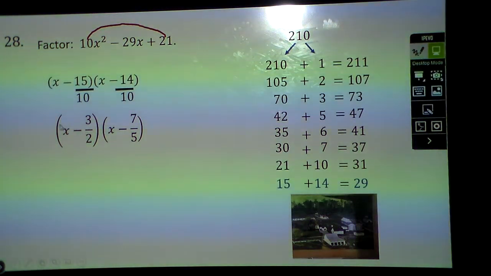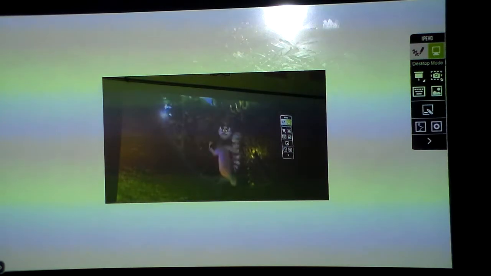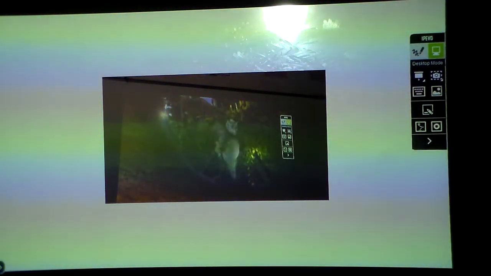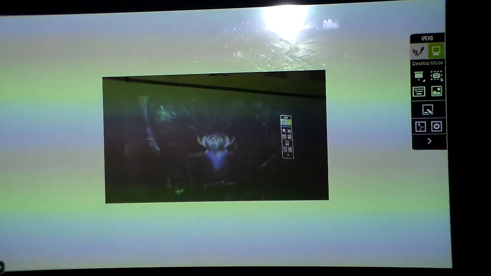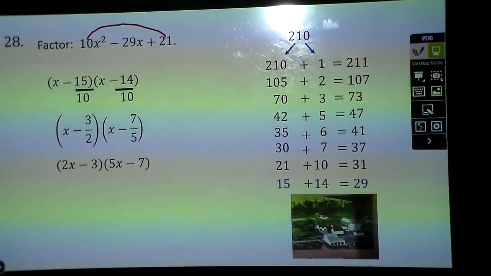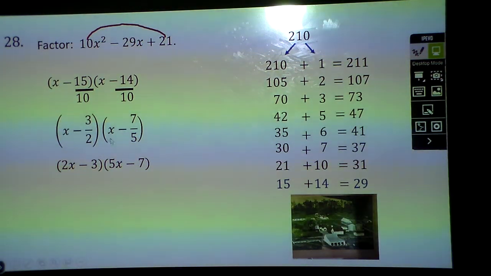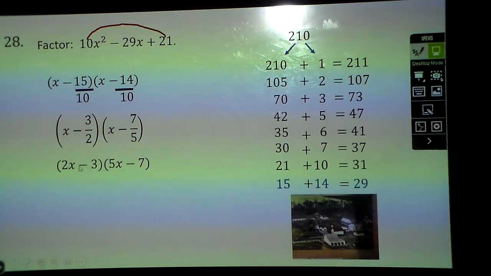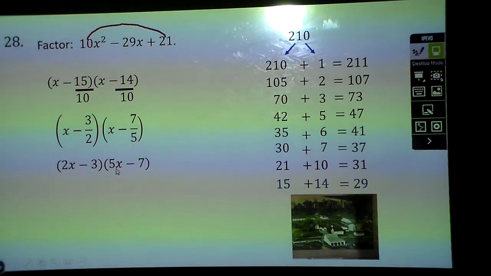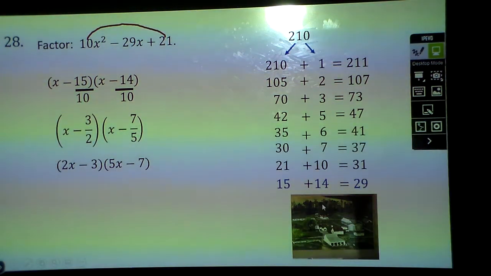So what I'm going to do now is take this 2 and move it in front, and the 5 in front, and there's my factor. So number 28 factors to that using the AC method, or MF darn, like the picture of my family farm.